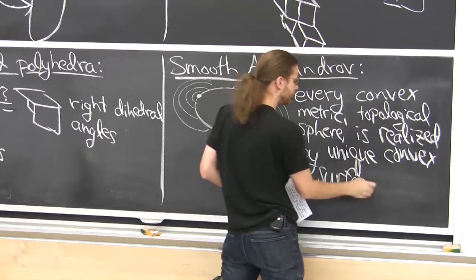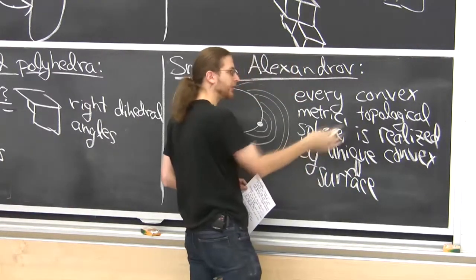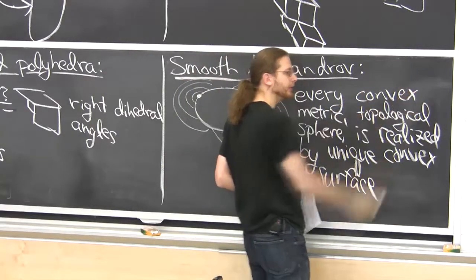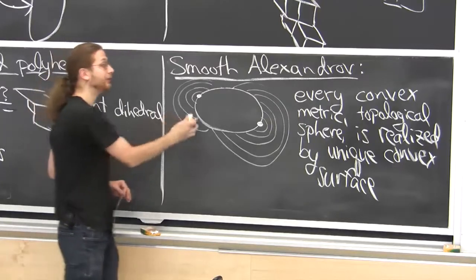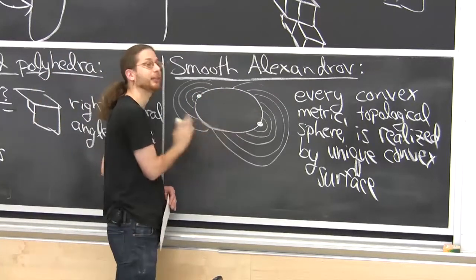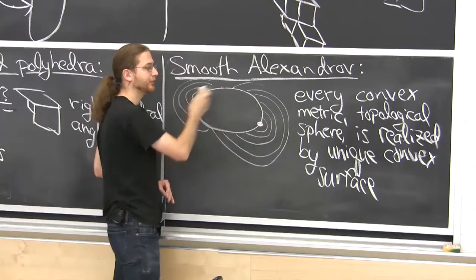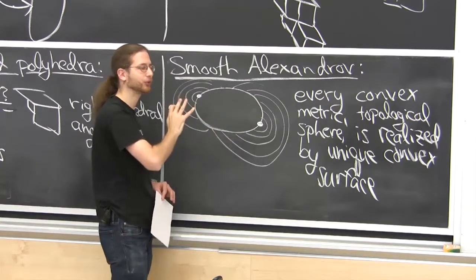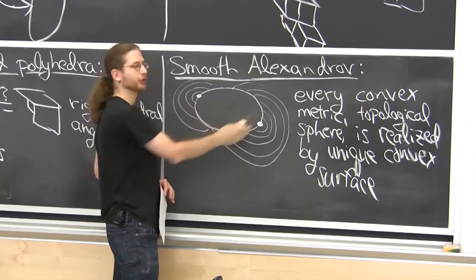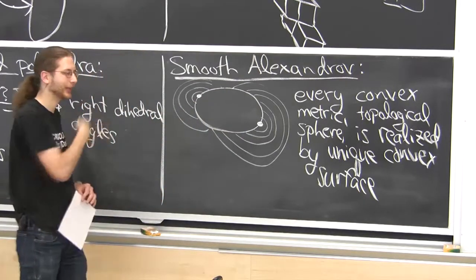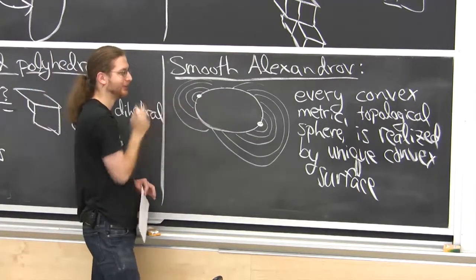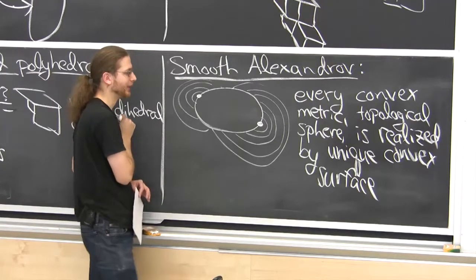So Alexandrov's theorem was identical to this statement, except it also had polyhedral up here, that there were a finite number of points of non-zero curvature. Now we have infinitely many points of slightly positive curvature, because again, this is supposed to sum to 4 pi. That's still true, but it's now an integral instead of a sum. So each of these things sort of has an infinitesimal curvature, and if you integrate them, it adds up to 4 pi. You can check that.